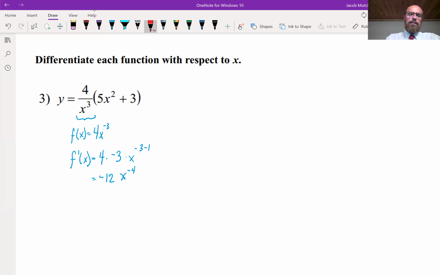So g of x is that polynomial 5x squared plus 3. And then let's also calculate the derivative of g of x. So that's 5 times old power 2 as a coefficient, x to the power of 2 minus 1. Derivative of 3 is 0. And that will simplify as 10x.